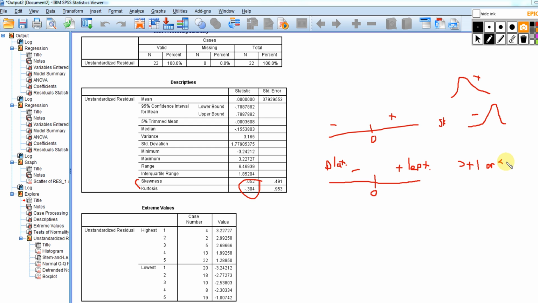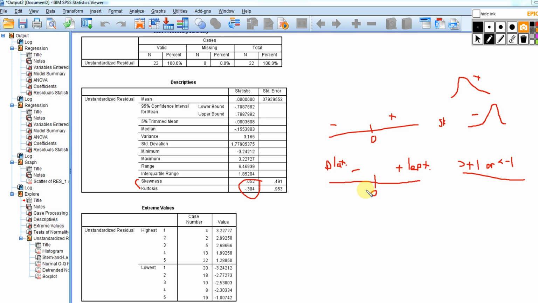Kurtosis is even a little bit fuzzier. There are other rules of thumb there that suggest much more extreme values for representing extreme departures from normality on that dimension. But using this rule of thumb right here, you can see that both the skewness and kurtosis values were fairly close to 0, which would suggest that we don't have a situation where there's extreme skew or kurtosis in terms of our residuals.